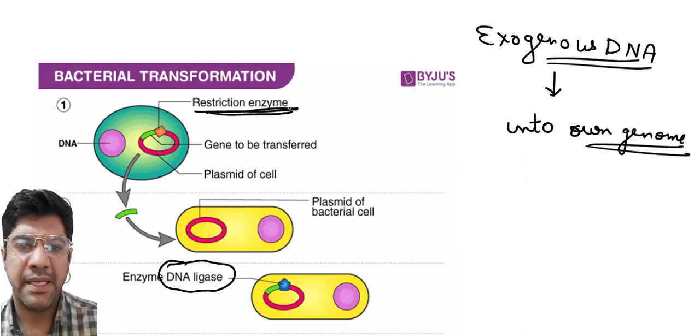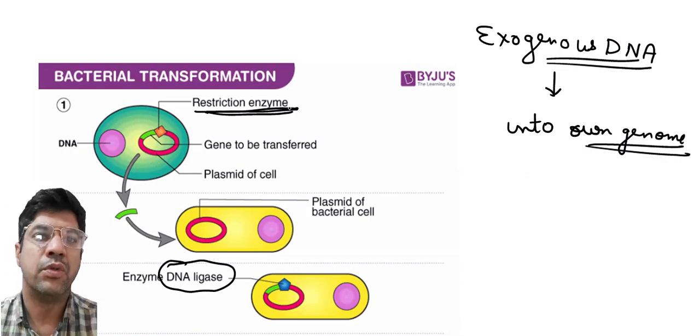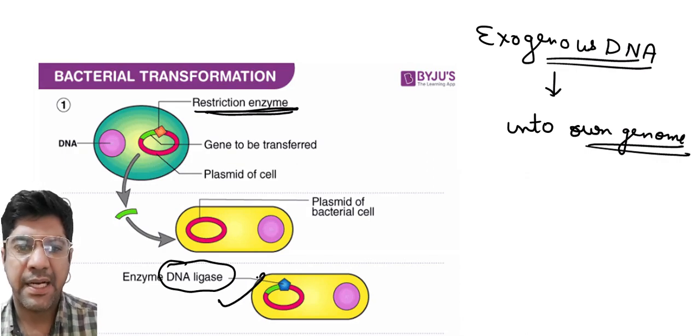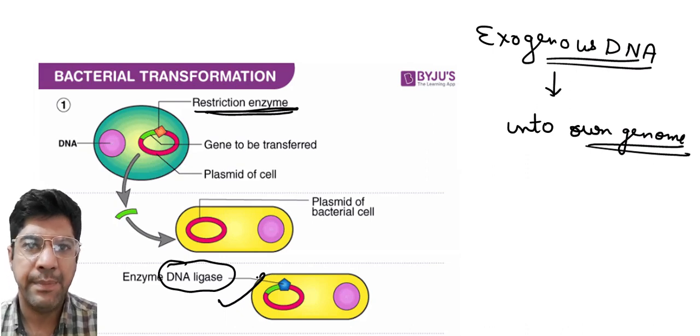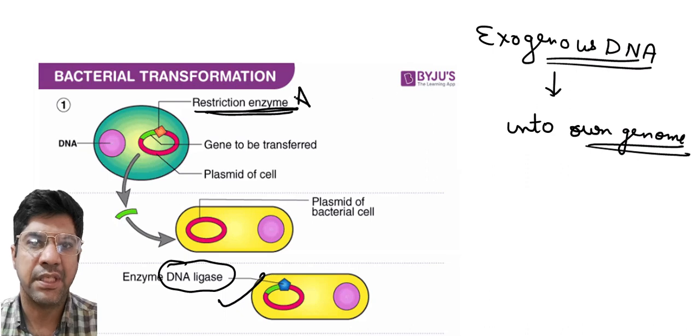The prepared DNA is then integrated into the recipient bacterial chromosome. The enzymes responsible for this are, first, the restriction enzyme.